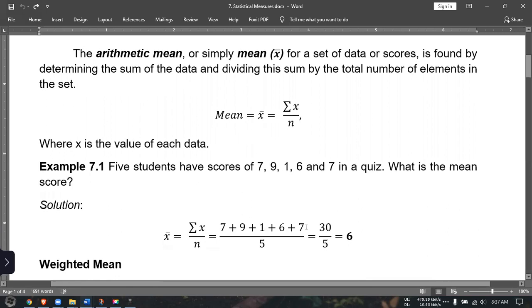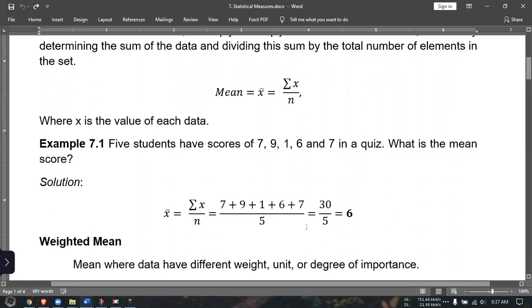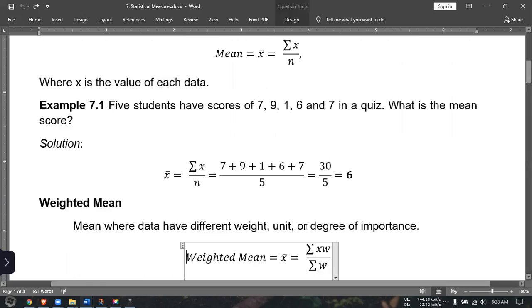Now, another case. This is just a simple mean, where you don't have to consider any other values. But we have another case, the weighted mean: mean where data have different weight, unit, or degree of importance.